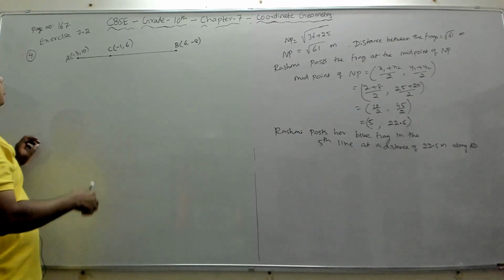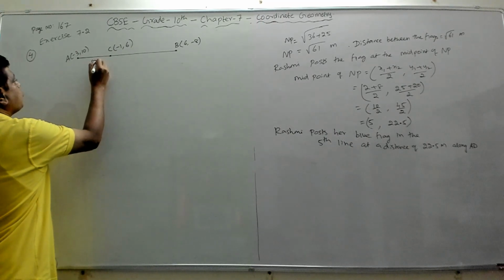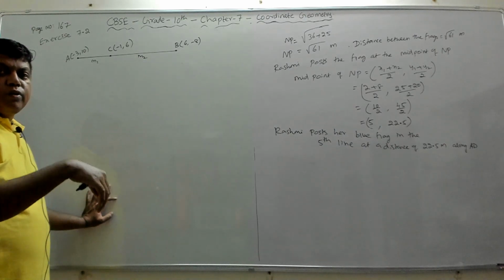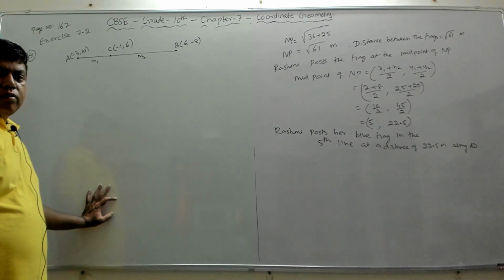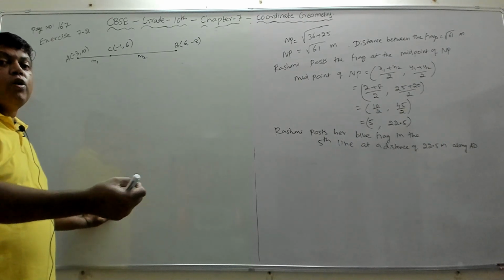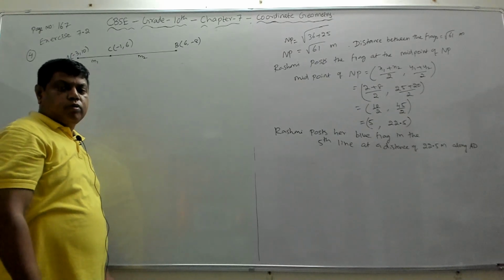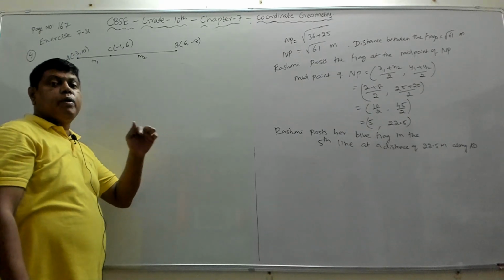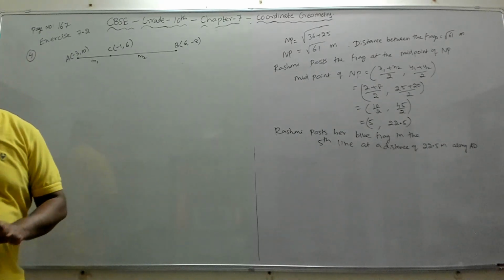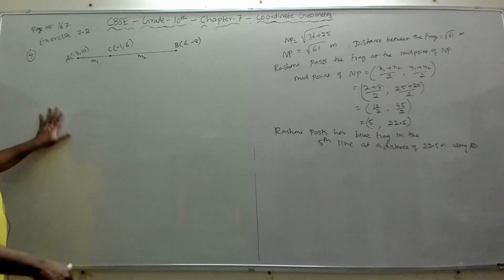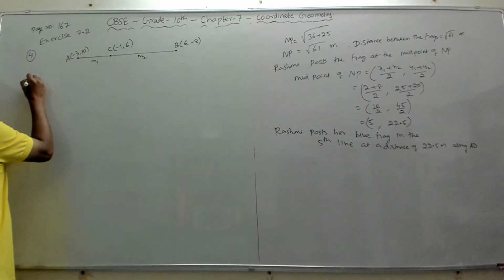Fine. Now we don't know the ratio. We'll assume the ratio as m1 and m2, and we need to find the value of m1 is to m2, which means we have to find m1 by m2. We cannot find what m1 and m2 are individually, but we can find the ratio m1 by m2. So now we will say solution.